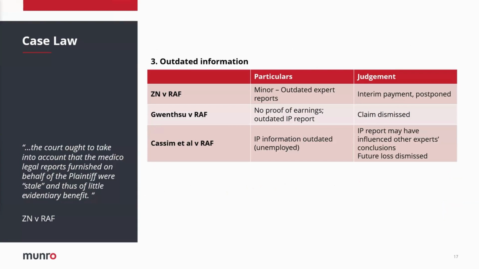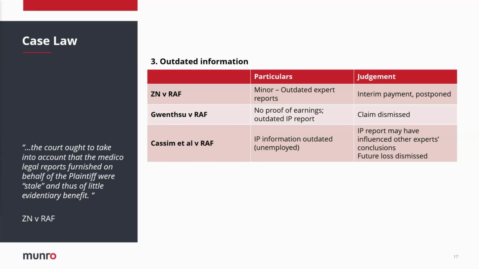I think IP reports are typically valid for 2 years. And the judge took a view that these outdated expert reports do not stand to be relevant evidence, and there was interim payment made. The final award was postponed in that matter. In Quincy versus RAF, there's a couple of issues. The one was no proof of earnings, which is obviously problematic, but also the outdated IP report, and the claim was dismissed.